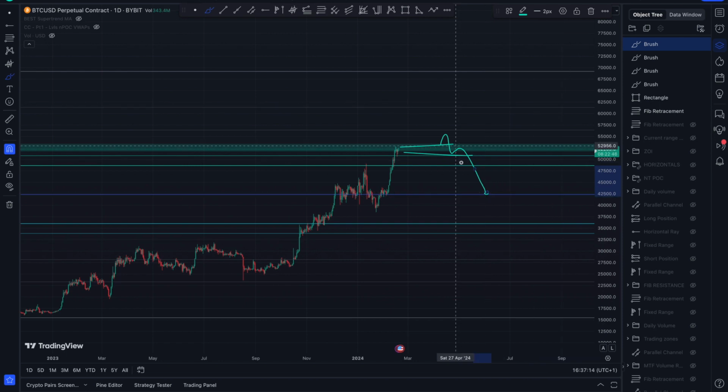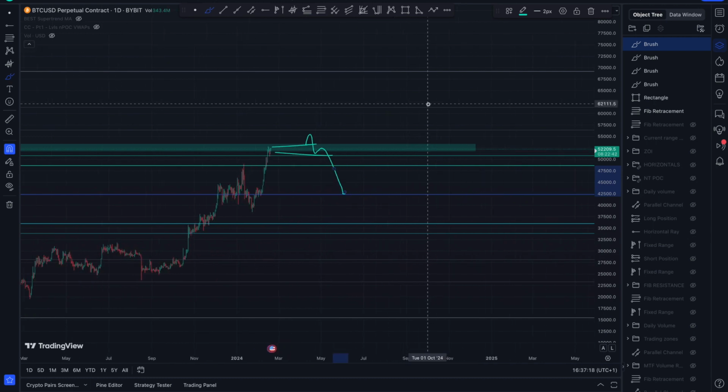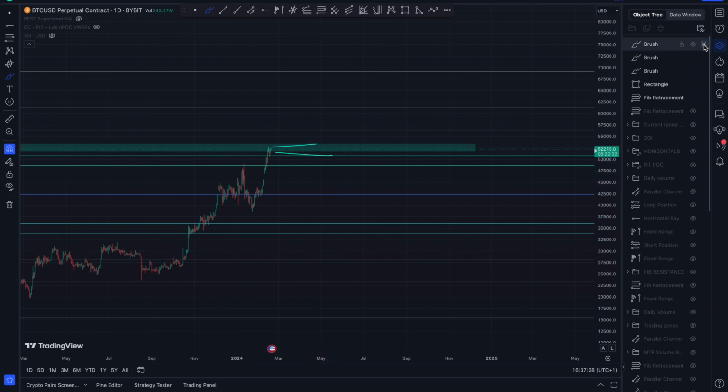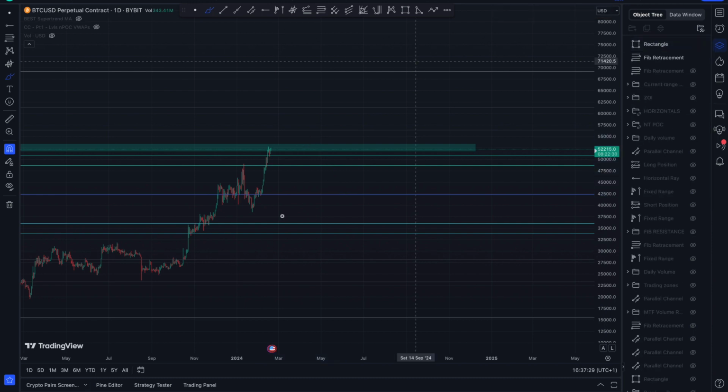But even if something like this would happen, we still need to keep in mind that this is still the last low, so we wouldn't change the market structure, right? Market structure still has this low.